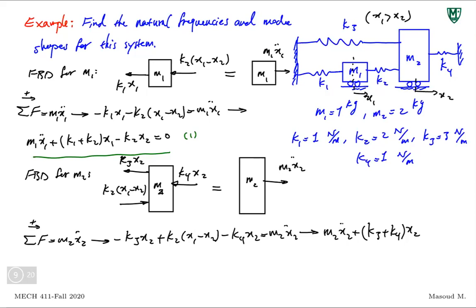Actually, there's one more component for X2. K3, K4, and K2, X2. And then we have K2 X1, which goes to the other side, becomes negative. Minus K2 X1 is equal to 0. This is my second equation.